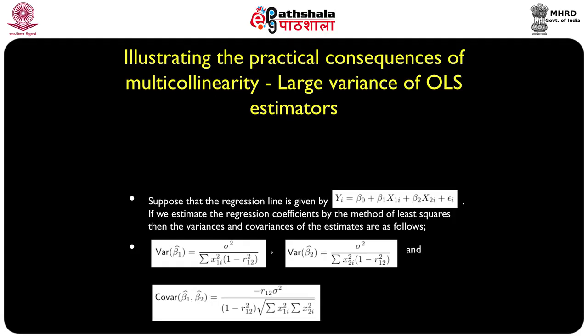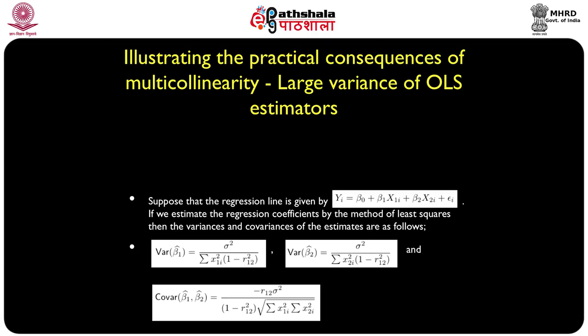Variance of beta 2 hat, where beta 2 hat is the estimate of the regression coefficient corresponding to x2, is given by sigma square divided by sum of x2i square times 1 minus r12 square, where r12 is the correlation coefficient between x1 and x2.